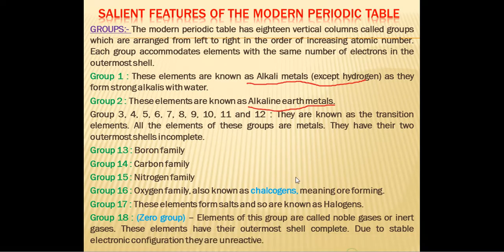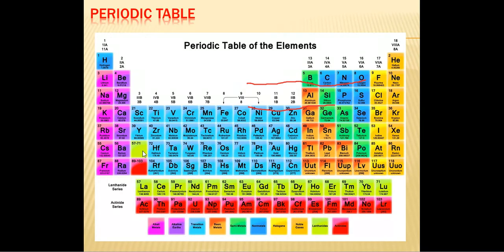As you know, in the periodic table metals are present, non-metals are present, and metalloids are also present. On the left hand side of the periodic table, metals are present. On the right hand side, non-metals are present, and a zigzag line separates the metals from the non-metals. These are known as metalloids. Metalloids have the properties of both metals and non-metals.